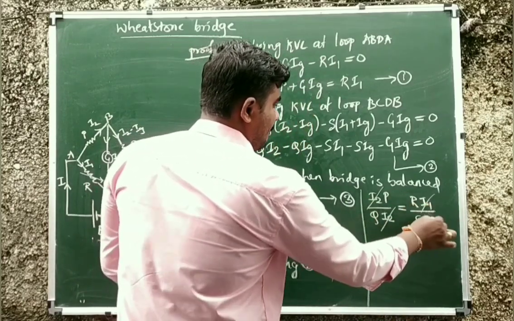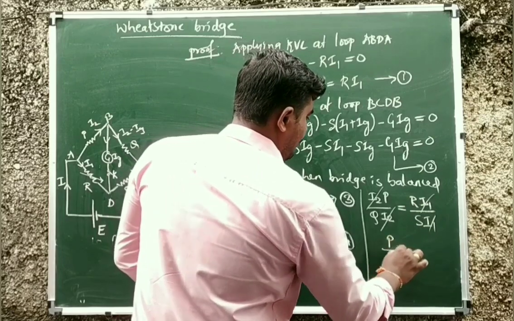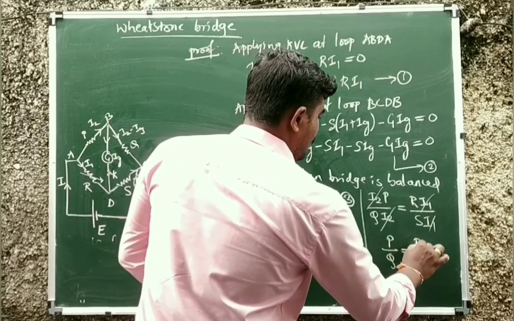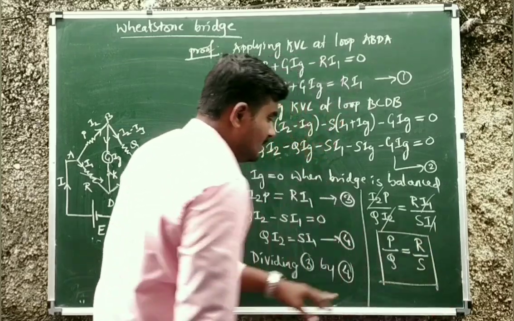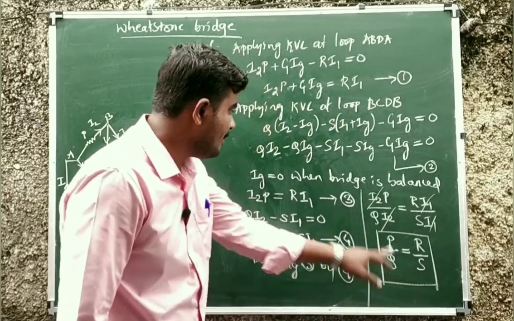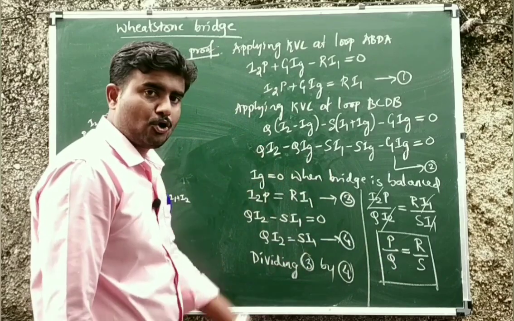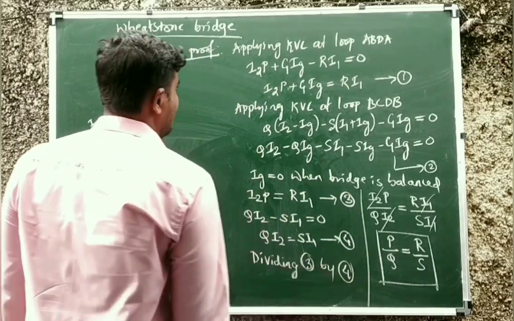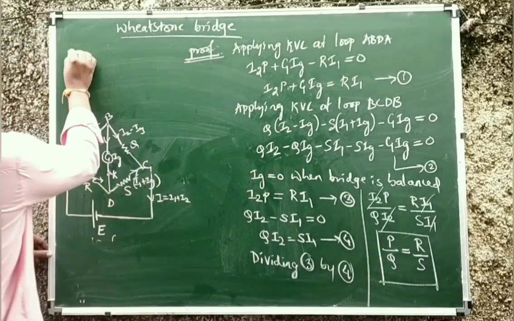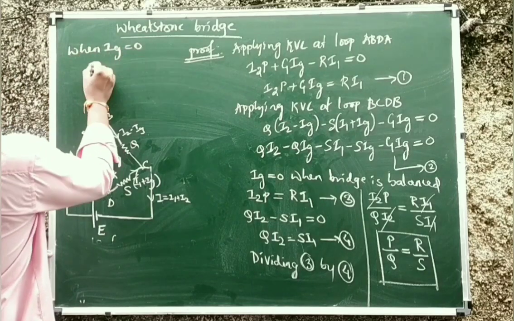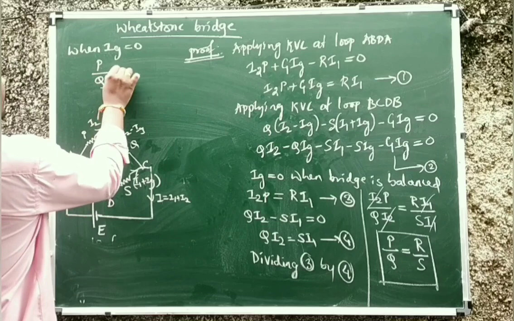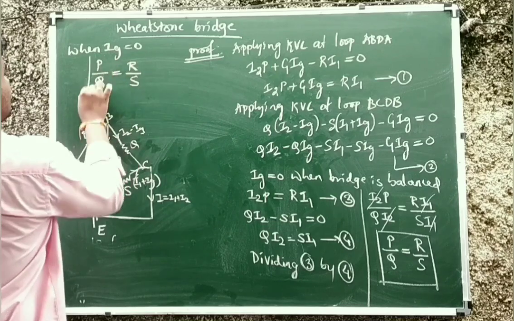I2 is cancelled, I1 is cancelled. What is remaining? P divided by Q is equal to R divided by S. This is the balanced condition, and it is obtained when we consider Ig is equal to 0. So this is the proof. When Ig is equal to 0, P divided by Q is equal to R divided by S.